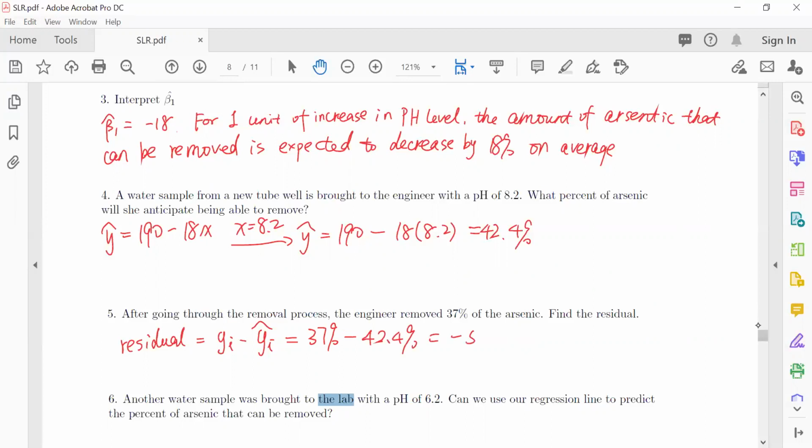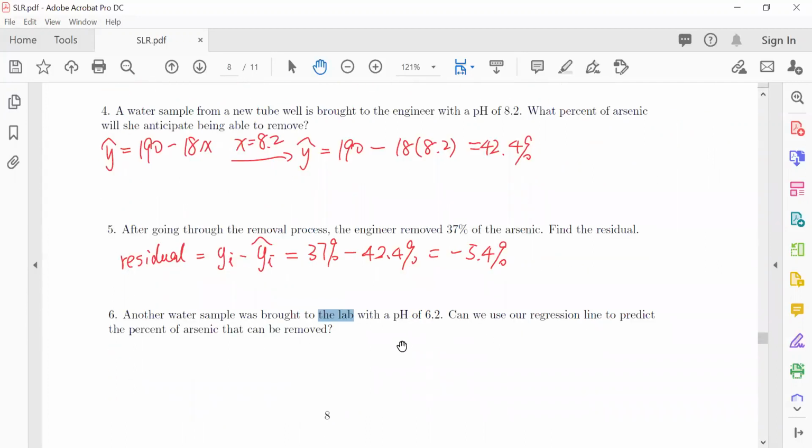This is negative 5.4%. Please note that this residue is observed minus the predicted. The sign does matter, so don't switch the order of yi and yi hat.